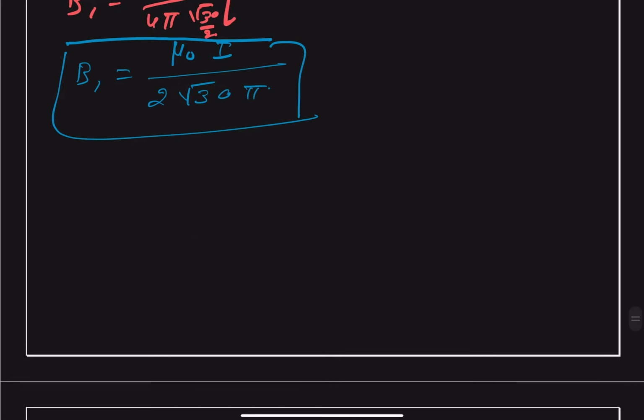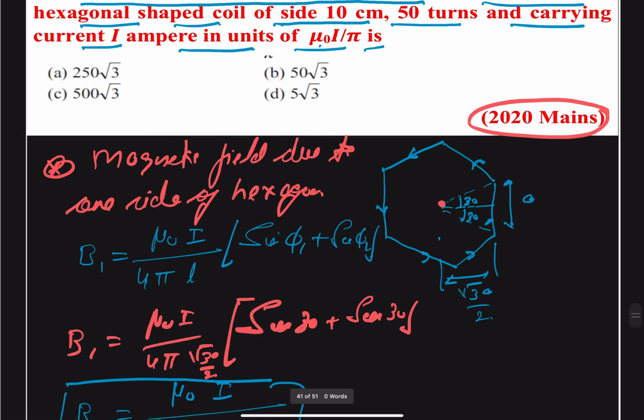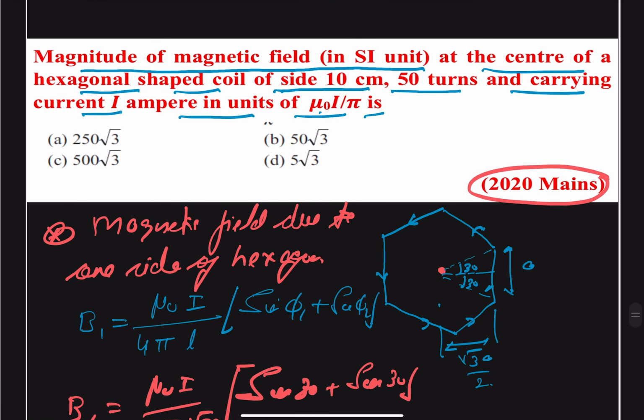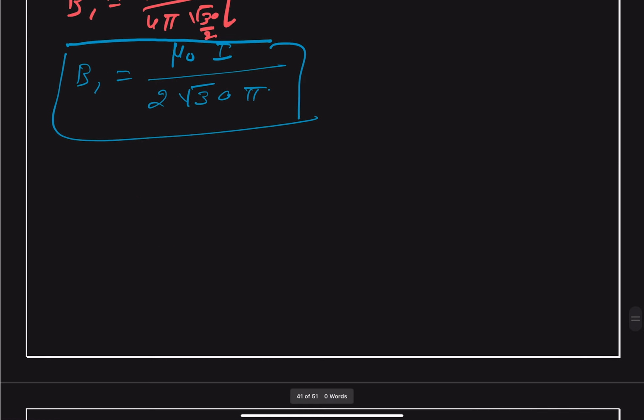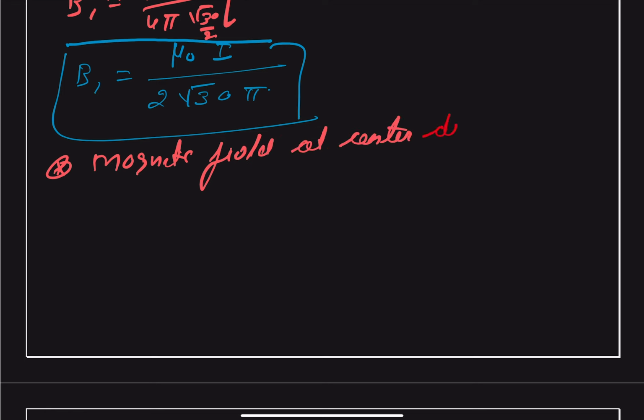Therefore, the number of turns is given as 50 turns. So we can modify it, and this gives us the magnetic field at center due to all sides.